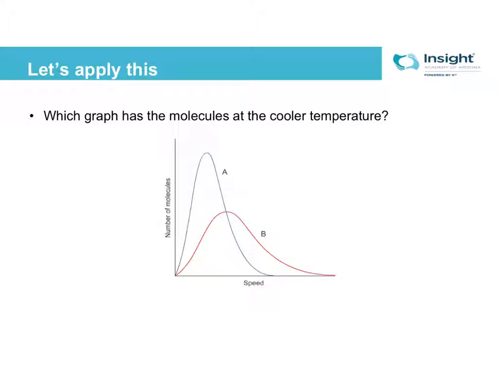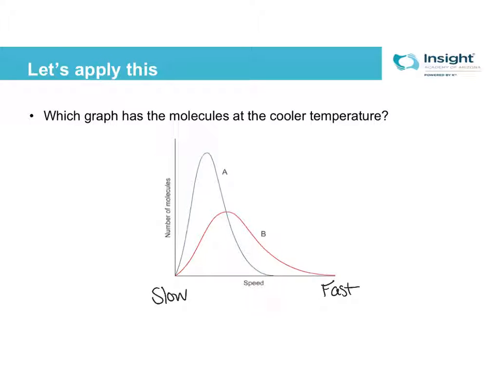And let's look at another kind of representation of this. We've got a graph here. Now I want you to decide which graph, A or B, represents the cooler temperature. We've got a count of number of molecules, and we've got a value for speed. These are really fast molecules down here, and these are slow molecules down here.